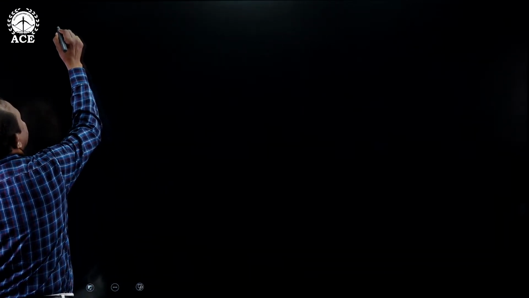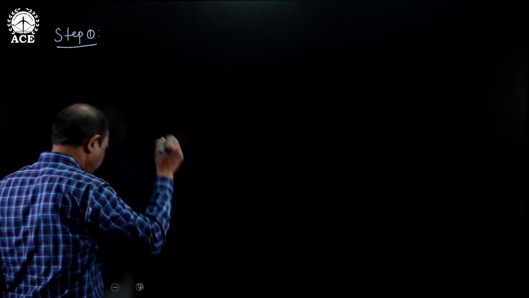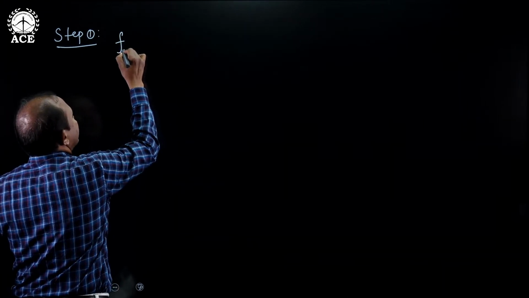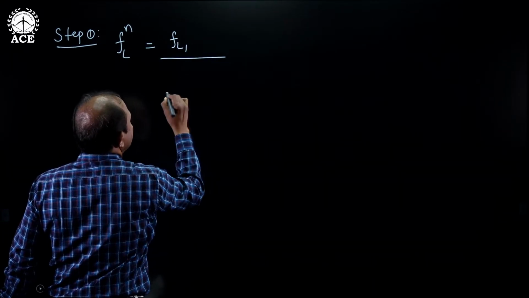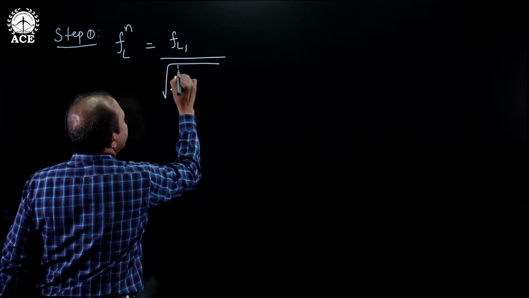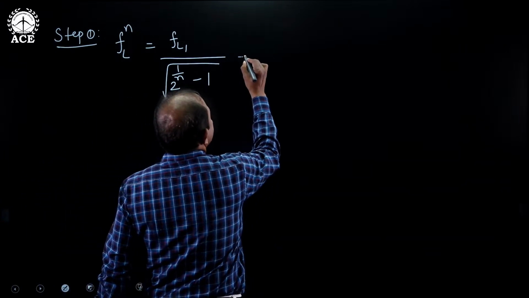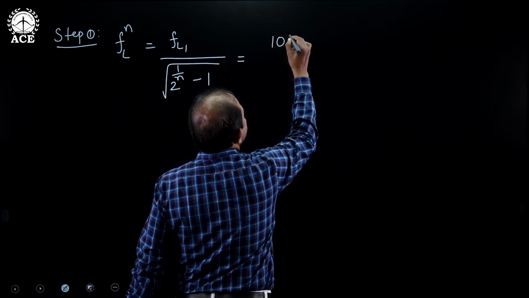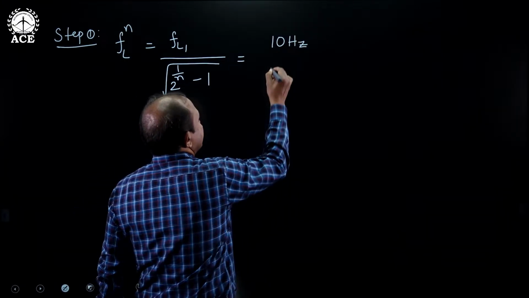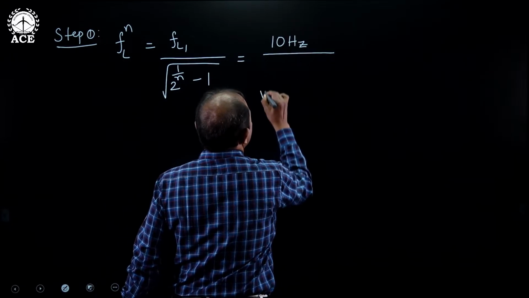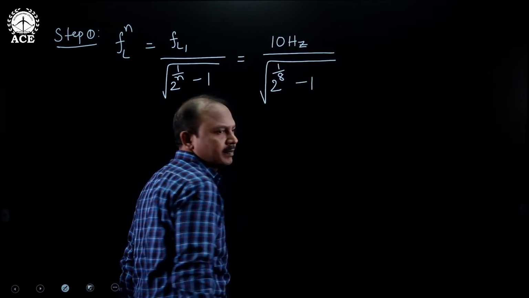Now, step 1. FLn equals FL1 by root of 2 to the power 1 by n minus 1 is the formula. FL1 is given as 10 hertz, by root of 2 to the power 1 by 8 minus 1.